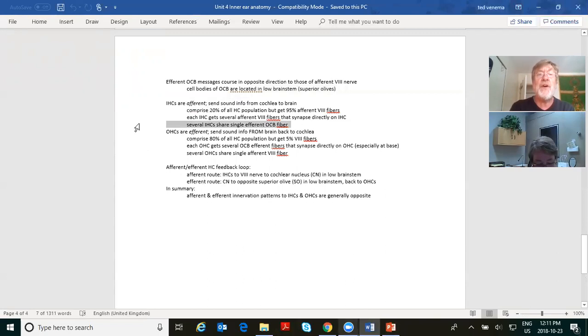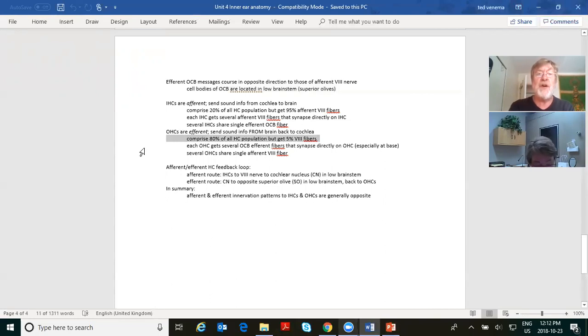Outer hair cells are efferent. They send sound info from the brain back to the cochlea. Outer hair cells comprise 80% of all hair cell population, but they get only 5% of eighth nerve fibers.